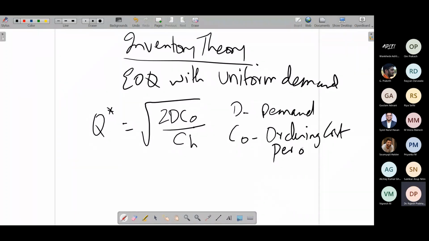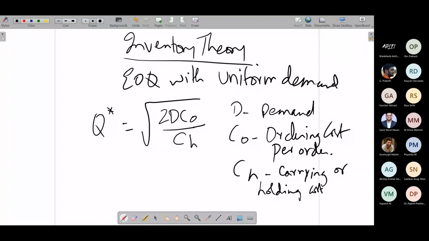CH is carrying or holding cost per unit per period of time.